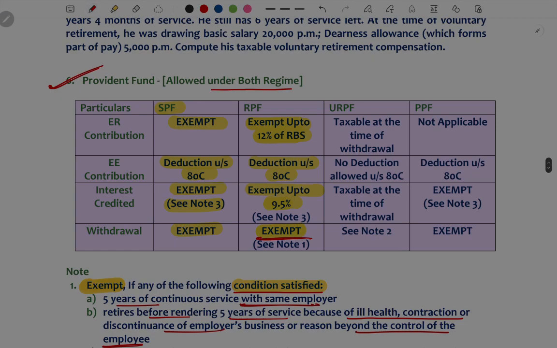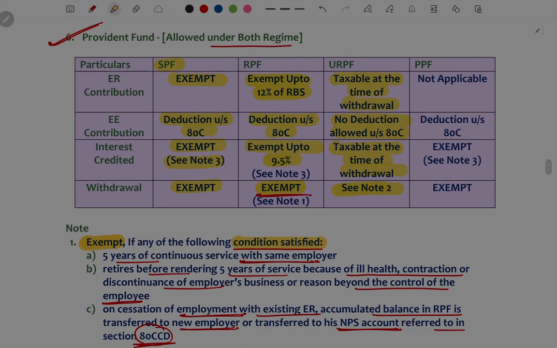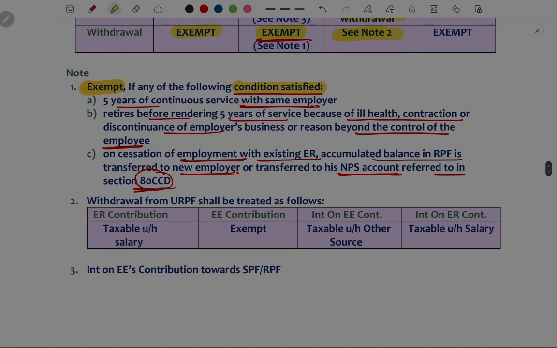URPF: tax at the time of withdrawal, no deduction, see note 2. Let's see what is written. Employer contribution is taxed under the head salary. Employee contribution is exempt. Interest on employee contribution is taxable under the head other sources.